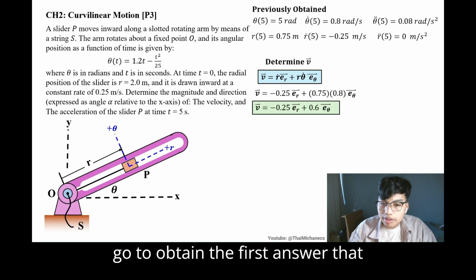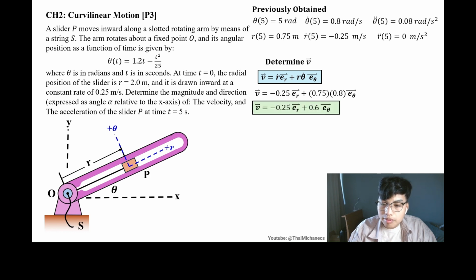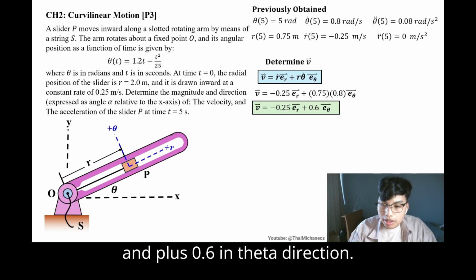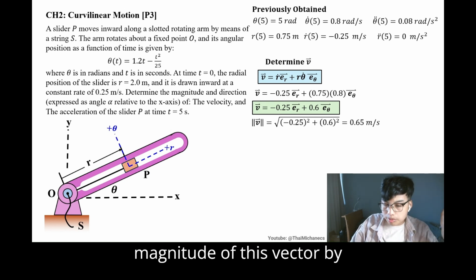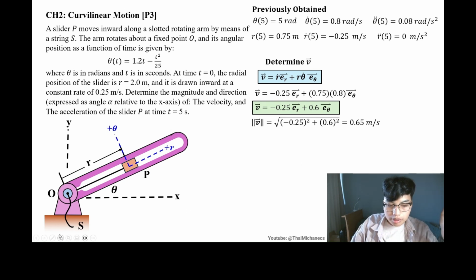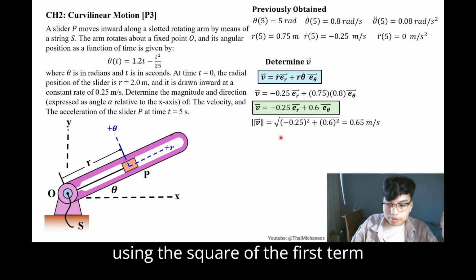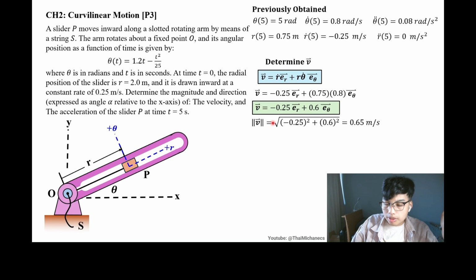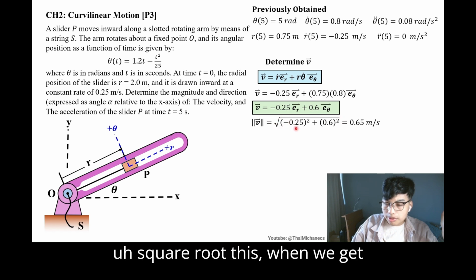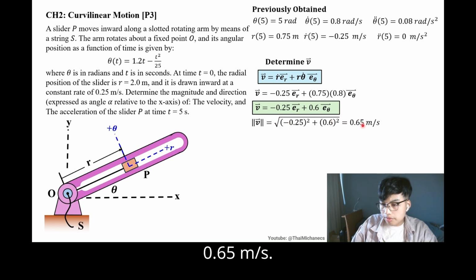Finally, we obtain the first answer, that the velocity vector equals minus 0.25 in the r direction and plus 0.6 in the theta direction. Then we calculate the magnitude by taking the square of the first term plus the square of the other term and square rooting, and get 0.65 meter per second.